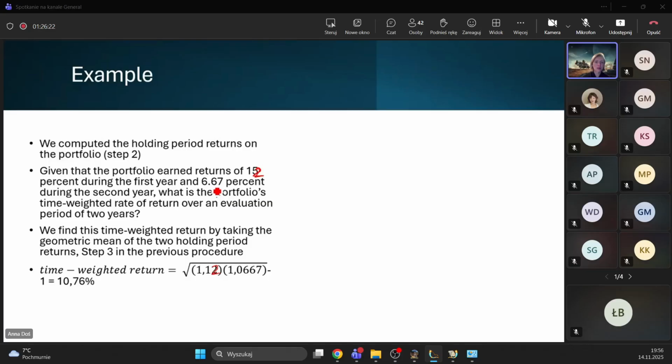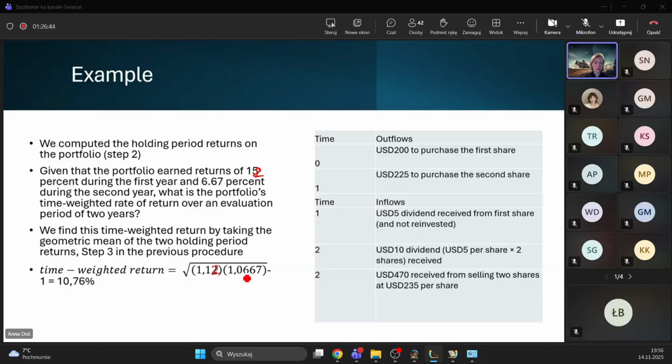Next, 6.67%, and the time-weighted return is just, as we have two periods, the square root of the multiplication of the holding period returns. If we had 3 periods, then we would use the cube root of the multiplication of 3 holding period returns.